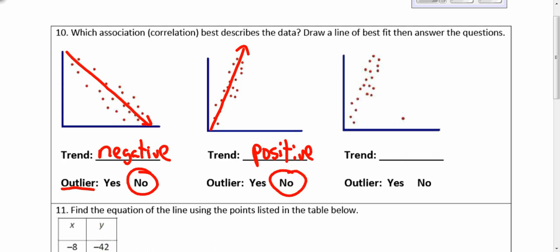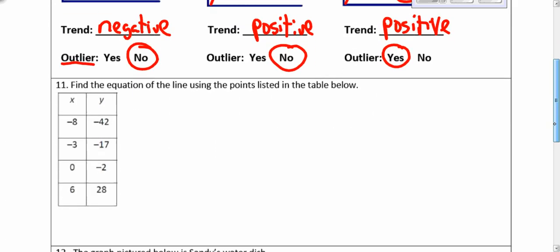Again, no outlier. I'm going to draw a trend line right here for this third one, right through the center of all the points. The trend is positive. And this one has an outlier. There's the outlier. It stands alone. When you draw a trend line and you have an outlier, you kind of ignore that outlier. And that's it.